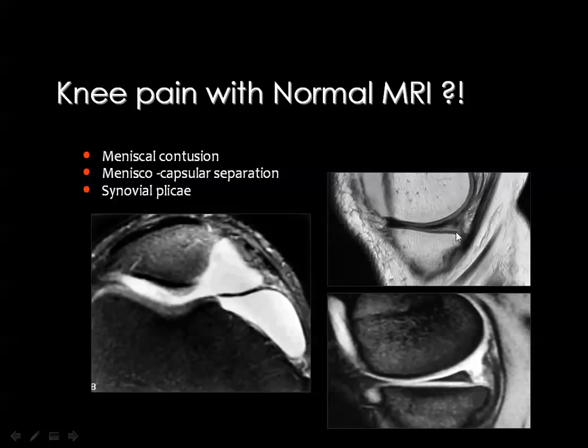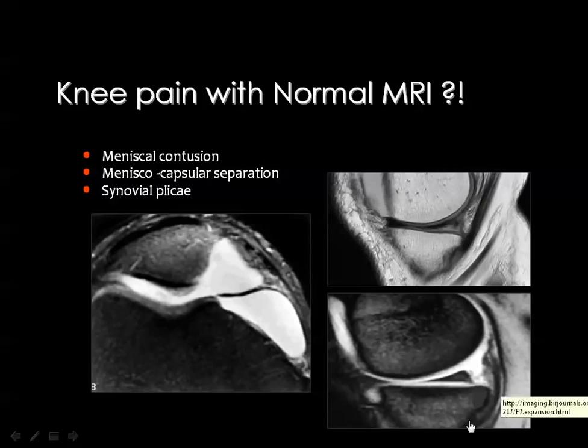Sometimes this horn is irregular. As you can see, the contour is irregular, and you may pass this as artifact, but this is meniscal contusion. This is one of the causes of pain that may be overlooked during interpretation.